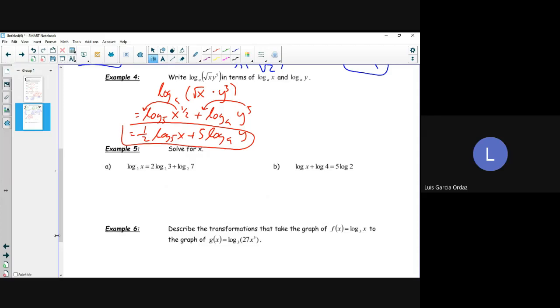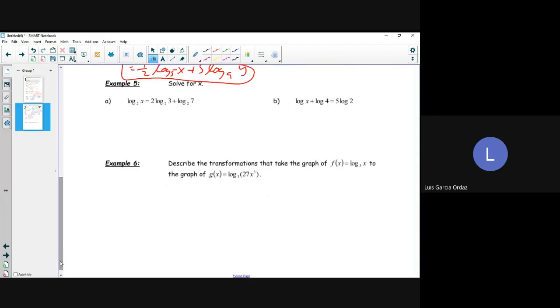So you have 2 more examples and we will call it a day. So example 5, we want to solve for x.